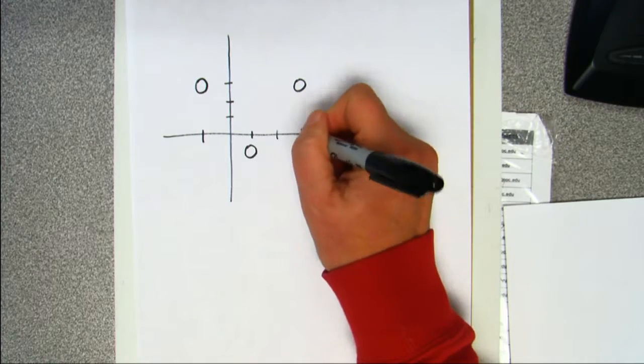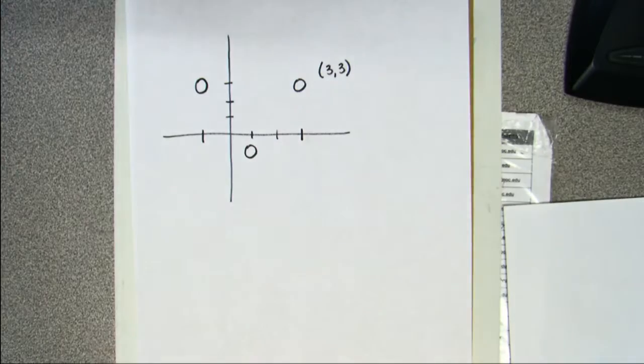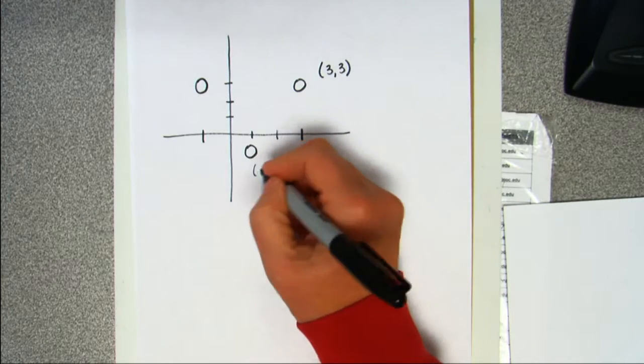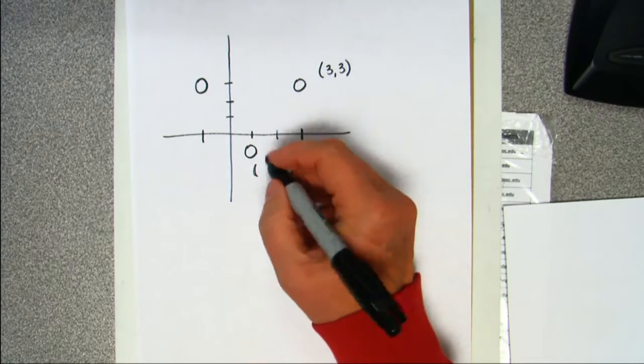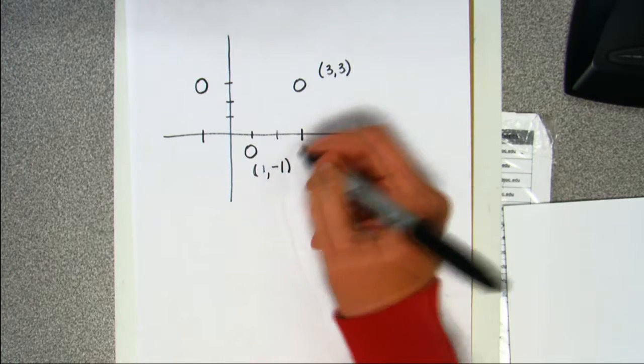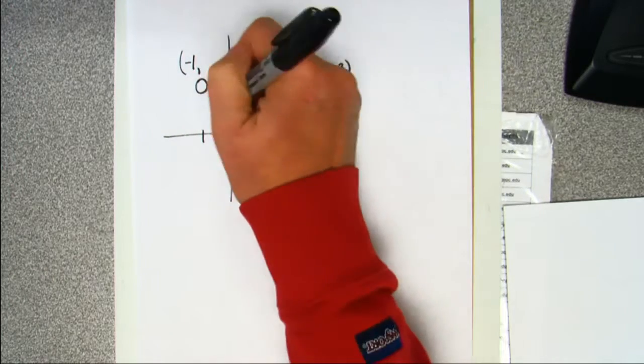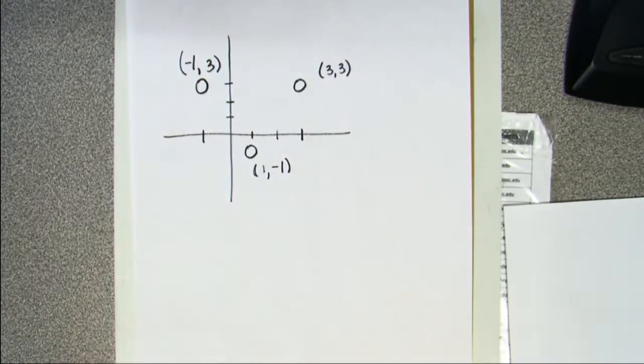So this one is going to be positioned at 3, 3. This one is going to be positioned at 1, minus 1. And this one is positioned at minus 1, 3.